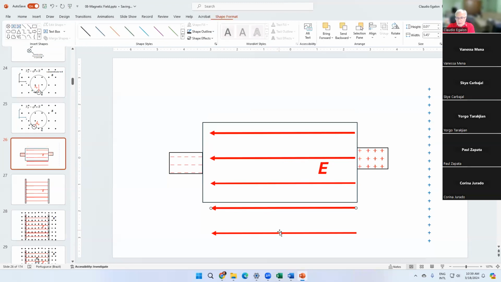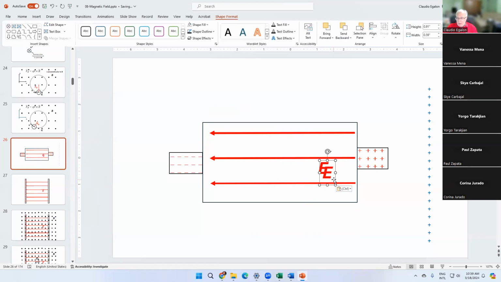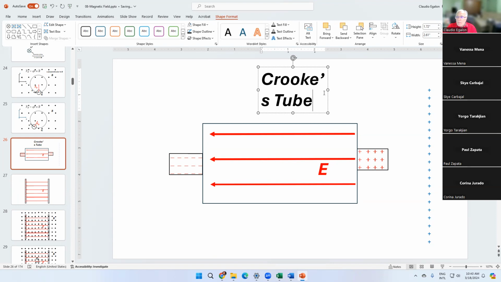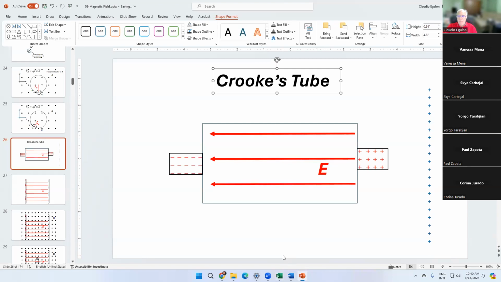I'm going to erase that stuff, right down here. Simple Crookes tube. Okay, and then we put a slit right in here. Let's see how I'm going to draw my slit sideways, right? Like that.